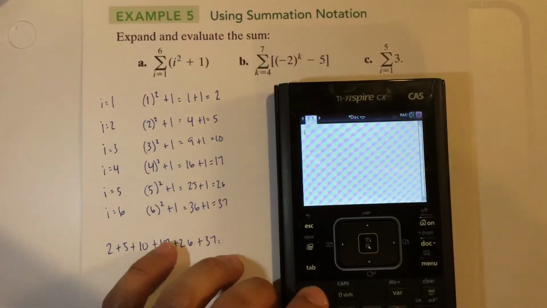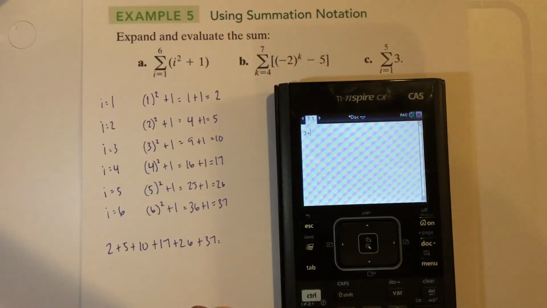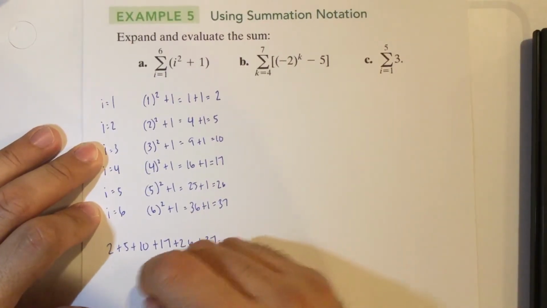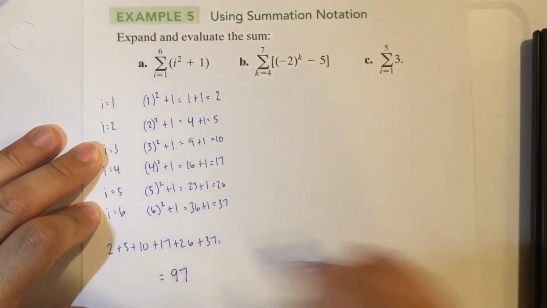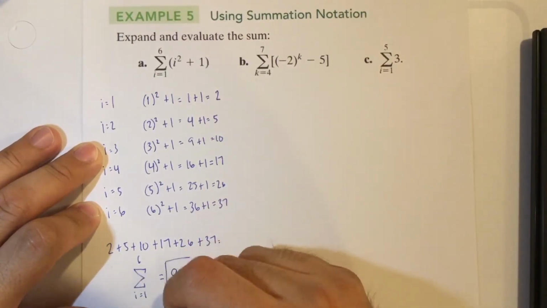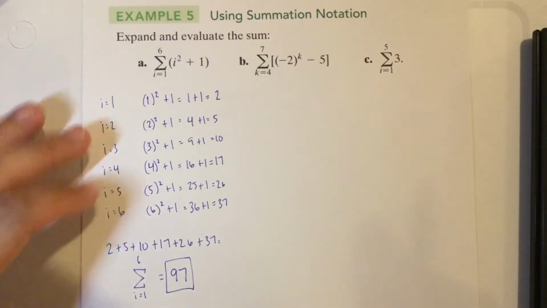Hopefully you can see that there. 2 plus 5 plus 10 plus 17 plus 26 plus 37, and we come up with 97. Usually you can just write 97. Some people prefer to see the sigma notation, but 97 is the summation of this one here.